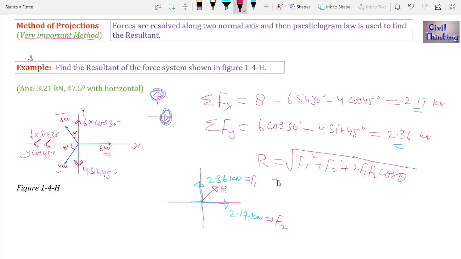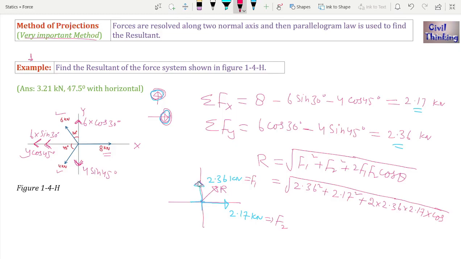So let us put the values: 2.36 square plus 2.17 square plus 2 times 2.36 times 2.17 multiplied by cos theta.